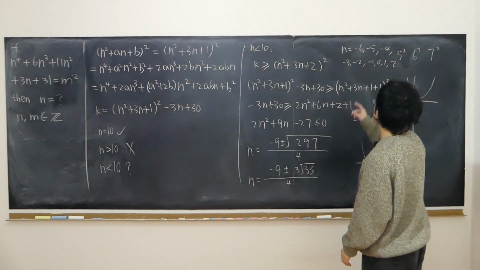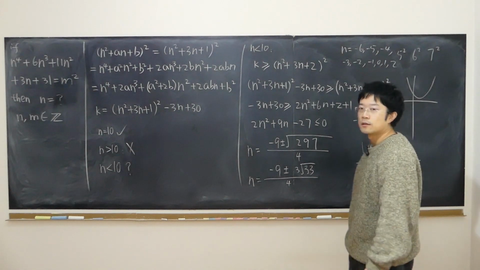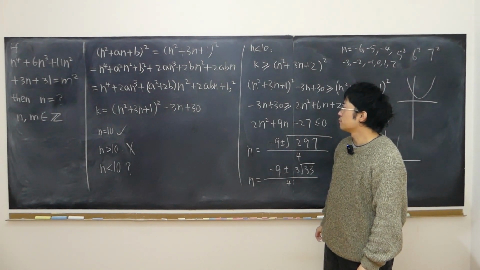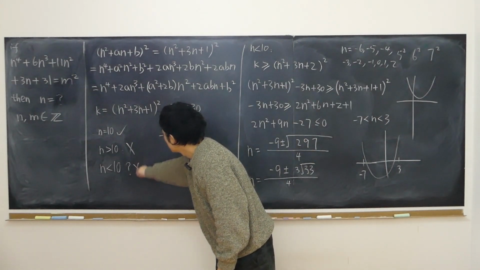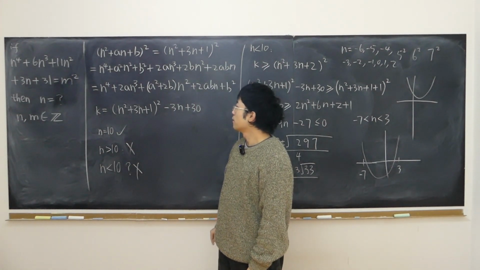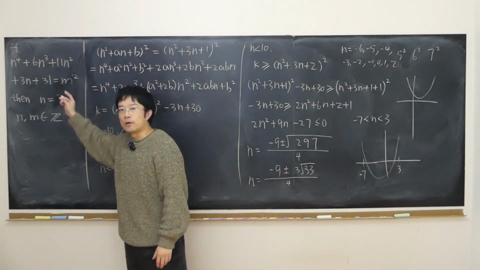After we test out every single one of those numbers, it turns out that none of these numbers makes this a perfect square. So no. So the only possibility is that when n equals 10, that's the only number that makes this polynomial a perfect square.